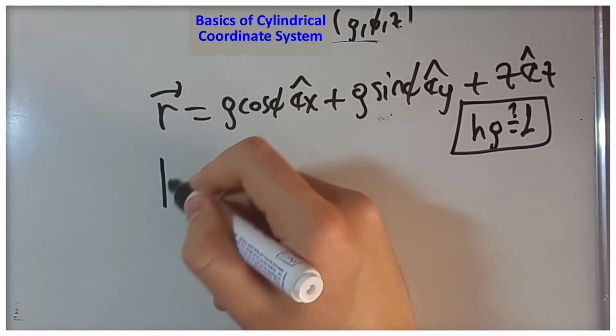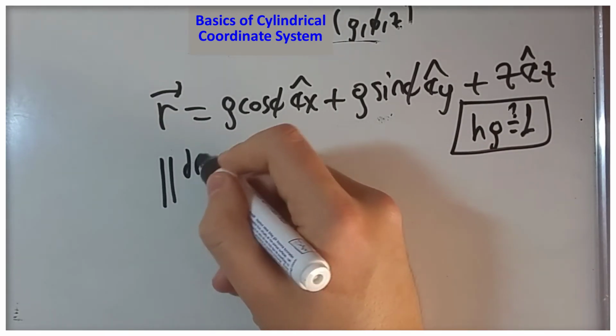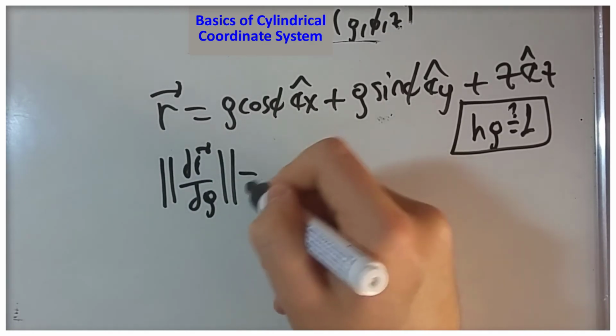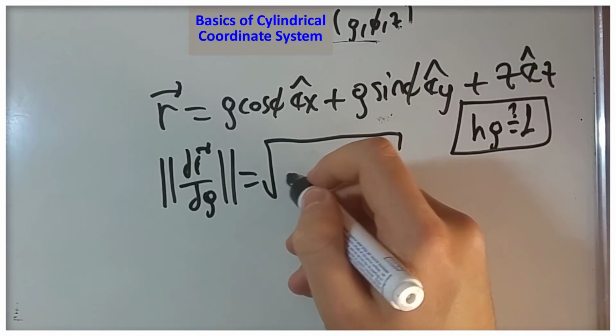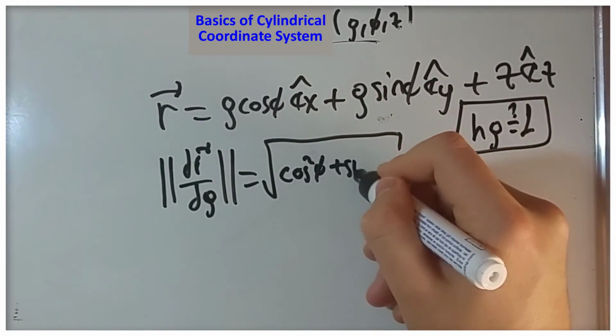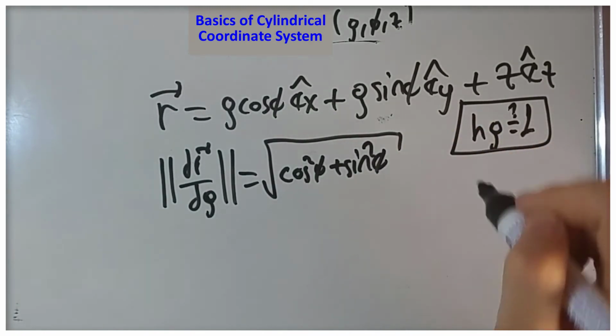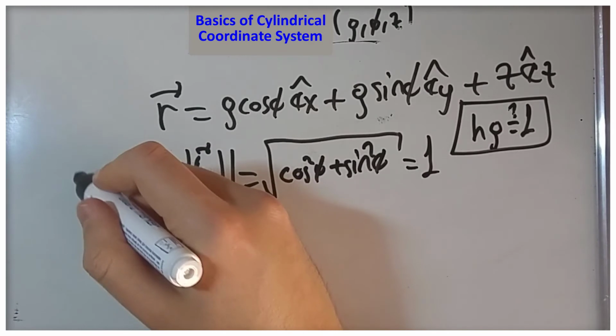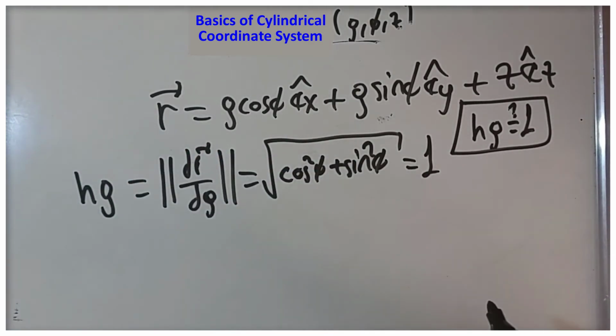I'll find the magnitude of dl divided by d rho like this. Cos squared phi plus sine squared phi will come in the root. This is already equal to 1, friends, which is equal to h rho.